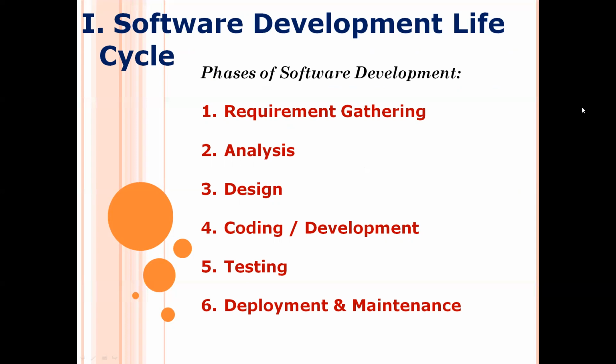Requirements gathering is the most important phase in the software development life cycle. The business analyst collects the requirements from the customer or client as per the client's business needs and documents the requirements in the business requirement specification and provides the same to the development team.